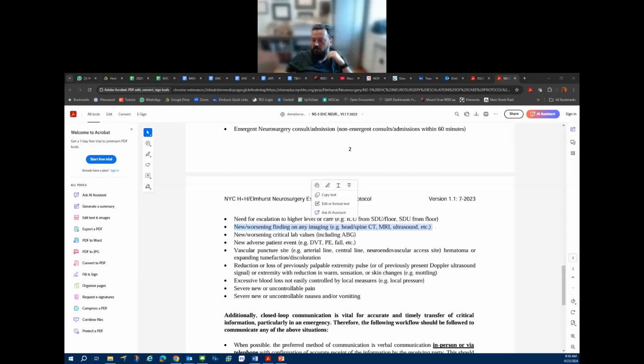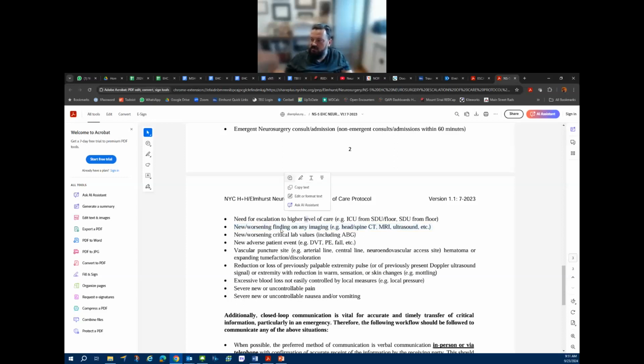If the patient is on the floor, the PA holding the pager to deal with floor patients should be checking basically every hour or so to see if that scan's been done. Once it's been done, they should look at that scan, tell the chief resident right away that the scan has been done, and review it with them, so that if there's any new or worsening finding on that imaging, it can be escalated up to the attending in a timely manner.